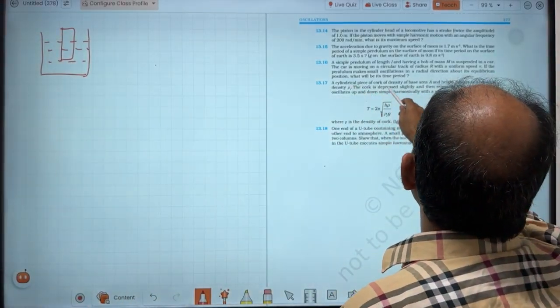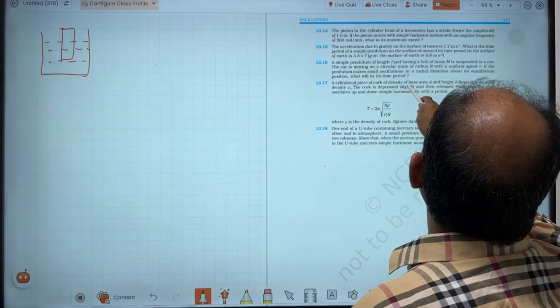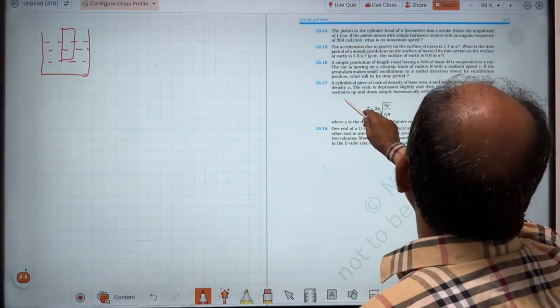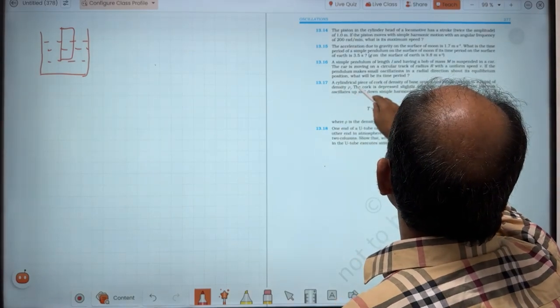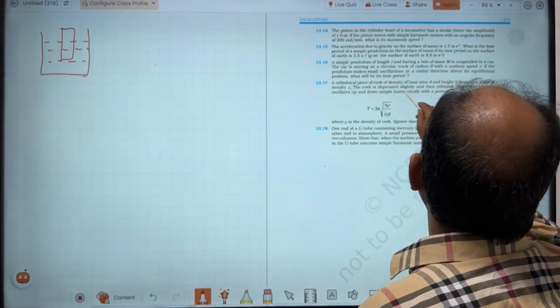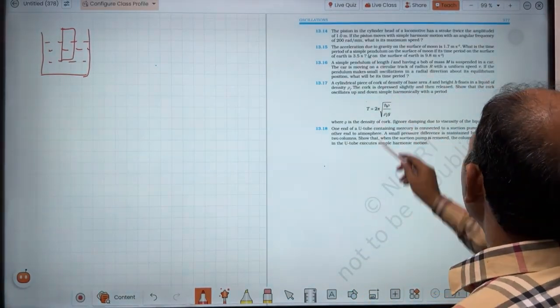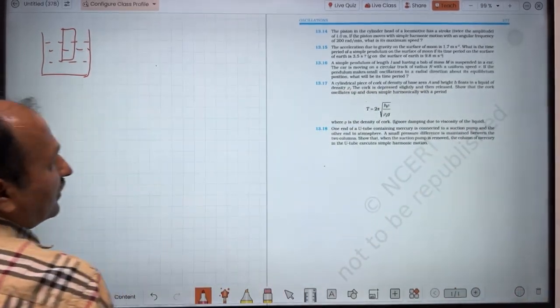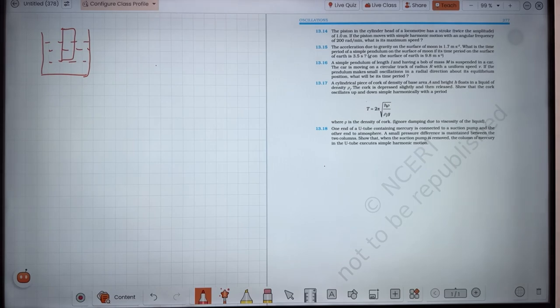The cylindrical piece of cork of base area A and height h floats in a liquid of density rho 1. Density of cork is rho. It's not given here, but here it is used. So let's see how we can calculate the expression for time period. We can easily calculate.